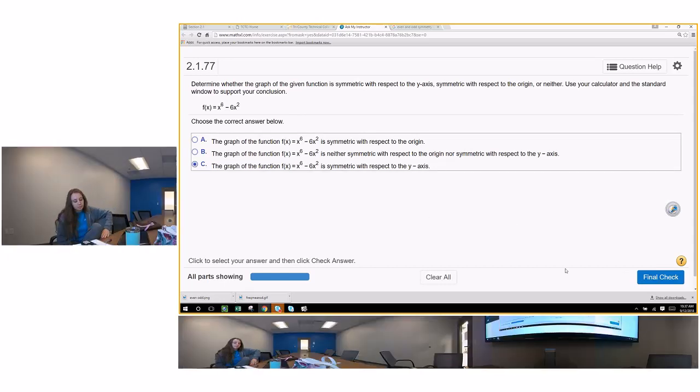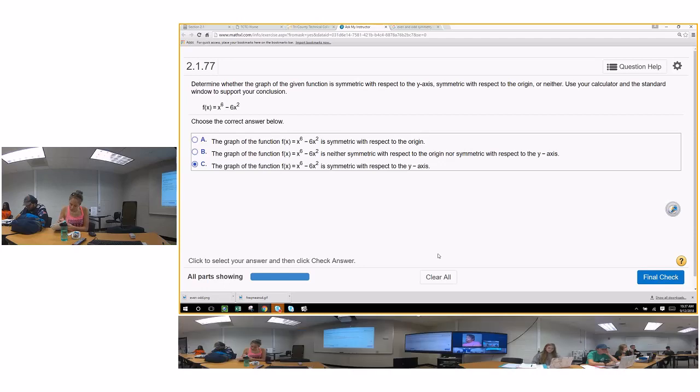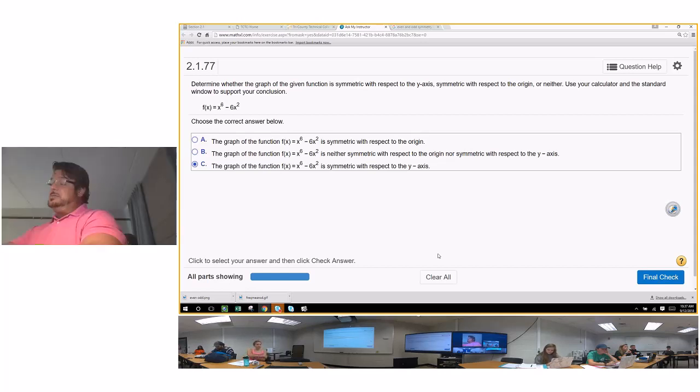Well, let's talk to our family of graphs. What does our x to the even function look like? Is it symmetric around the y-axis? Yes, it is.